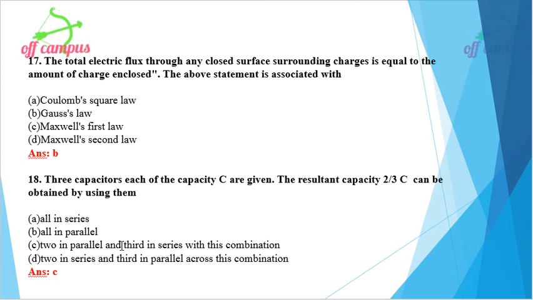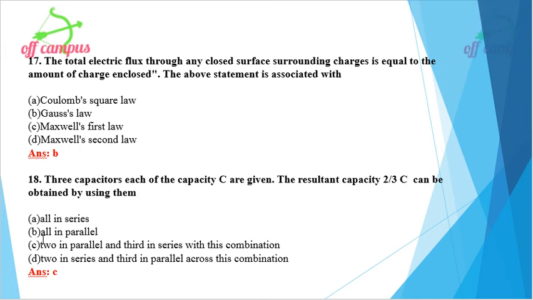2 in parallel means, when two capacitors are in parallel, we need to add those 2 capacitors. So, C plus C equal to 2C. Then the third in series means we combine 2C with C in series. This is the same series and parallel method as for resistor and inductor.